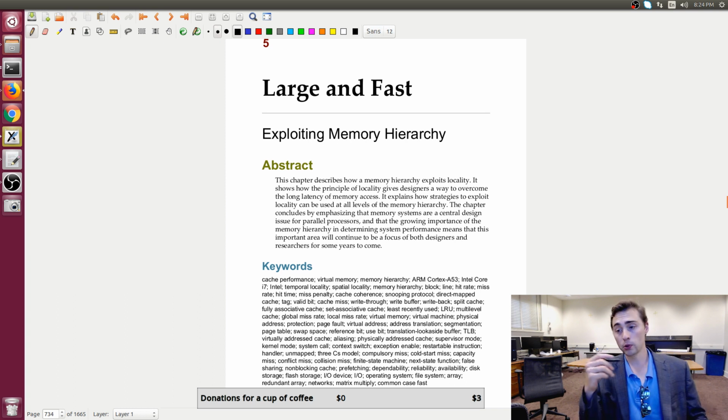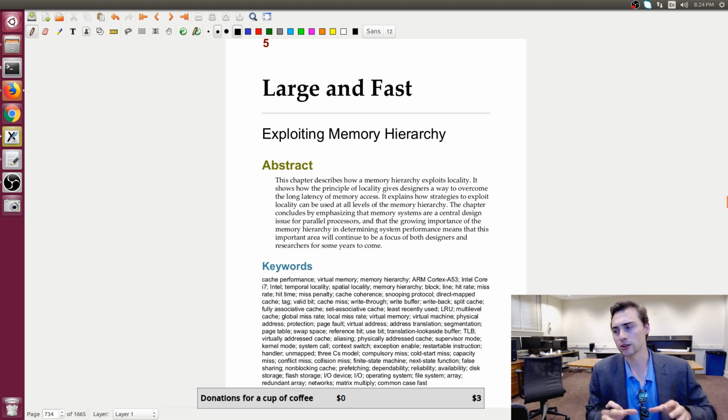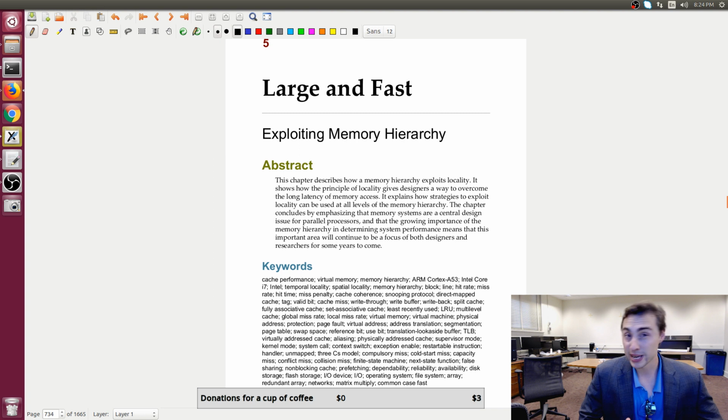So the key point is that memory structures are fairly simple. Don't tell a VLSI person that actually has to implement them that it's really simple. However, from the outside looking in, if we were to abstract it, the hardware is pretty simple. The key point is that managing it can be difficult.